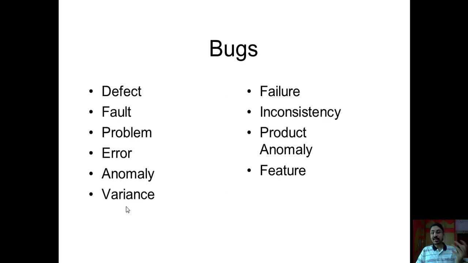Then there is an inconsistency. Inconsistency means something which is not consistent with the expectations. For example, suppose I am expecting some behavior from the product and it is delivering in a different way every time. So it is inconsistent. For example, I have a television.